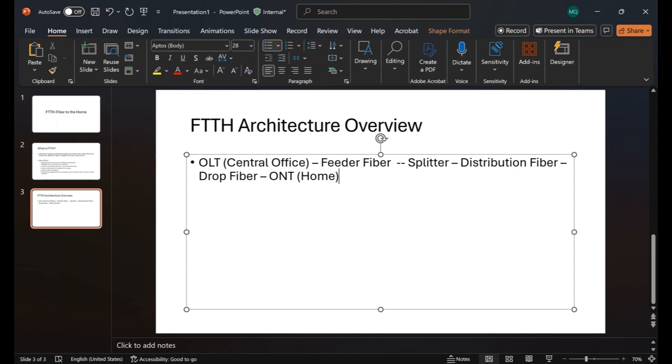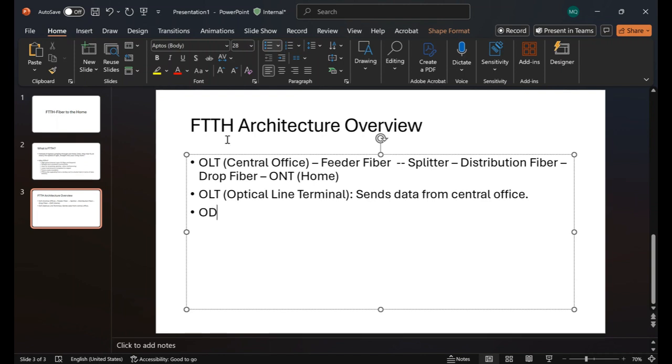Now, key terms. Number one, OLT, optical line terminal, sends data from central office.